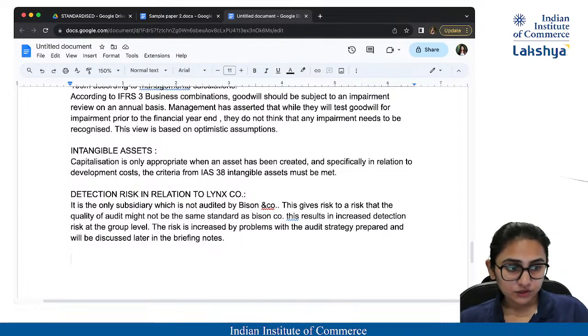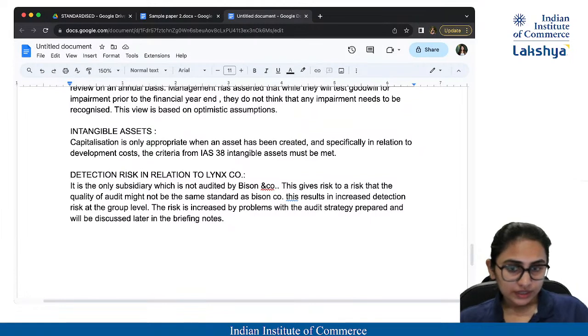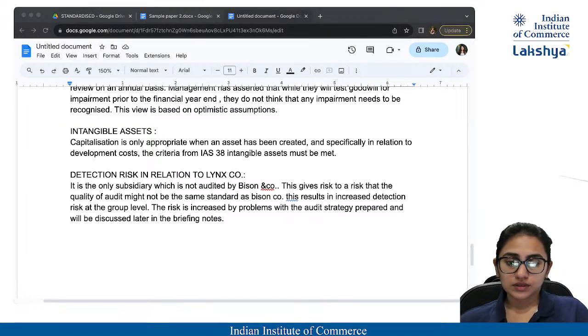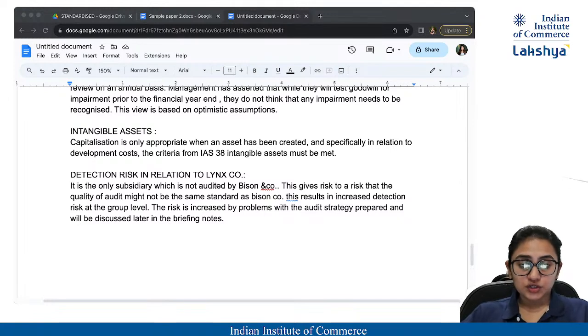And then you can give a conclusion saying that the briefing notes indicate that there are a large number of audit risks to be considered when you're planning the audit, and the management needs to supply the audit team with a range of additional information for more thorough audit planning to be carried out.